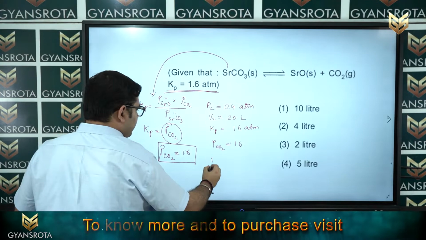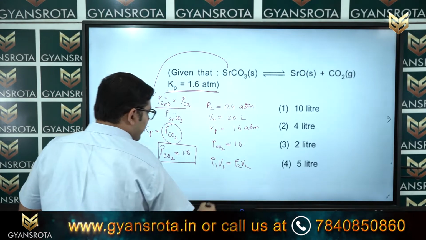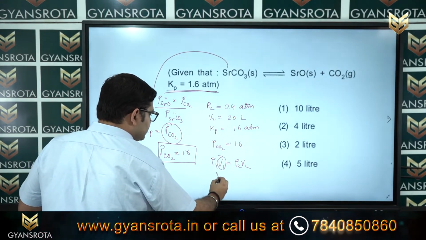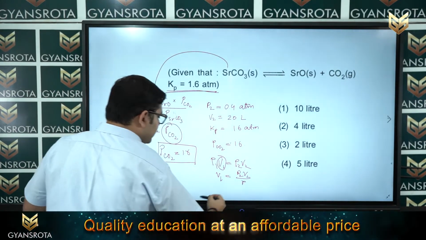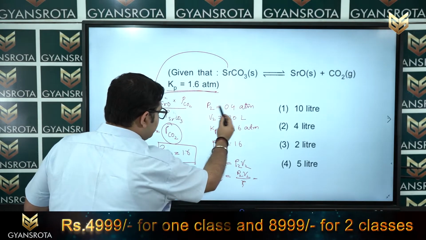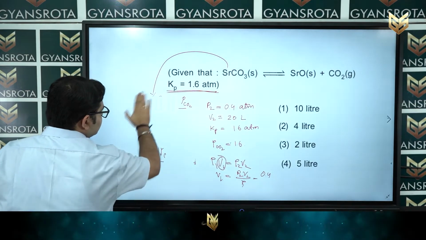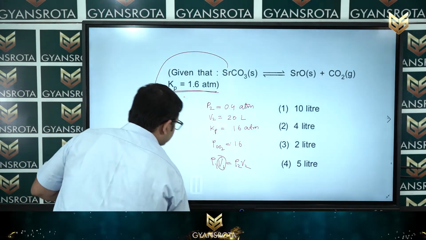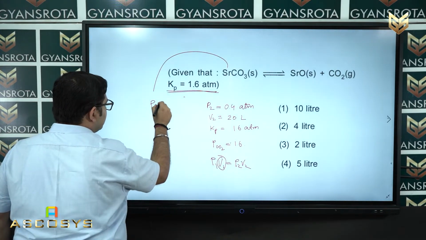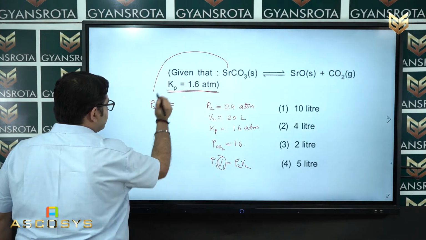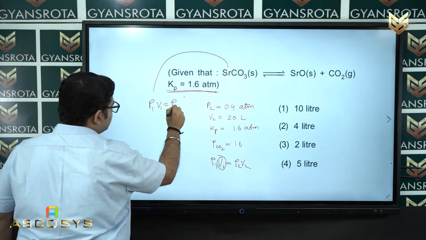Now you have to follow one formula, that is P1 V1 is equal to P2 V2, and we have to find out the volume part. So V1 is equal to P2 V2 by P1. What is P2? P2 is given as 0.4. P1 V1 is equal to P2 V2.